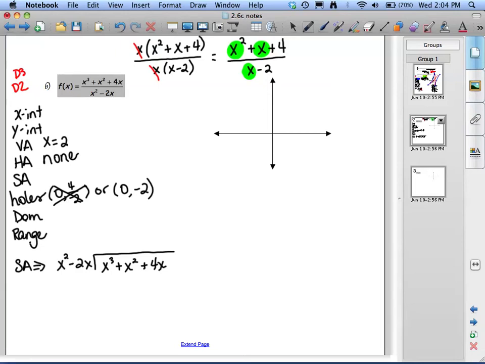If I take x squared into x cubed, I get x, yes? Change the signs because I'm subtracting. And then x squared.